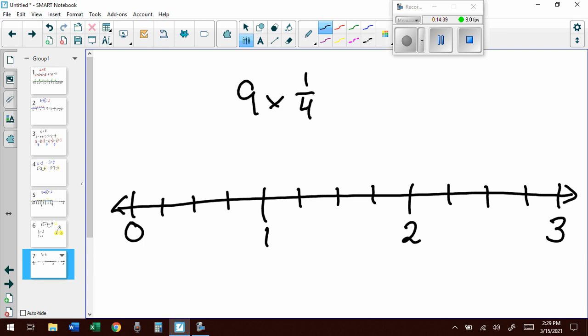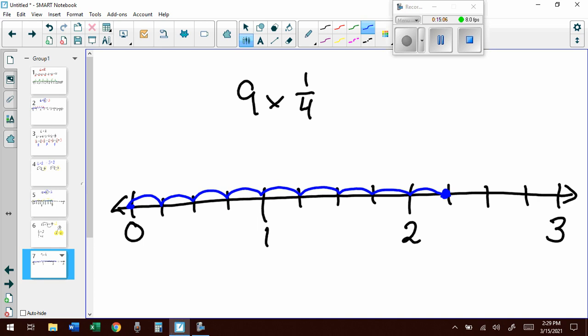All right. So we need 1/4 9 times. So we're going to start at 0. And we're going to take 1/4 9 times. 1, 2, 3, 4, 5, 6, 7, 8, 9. And we land right there.